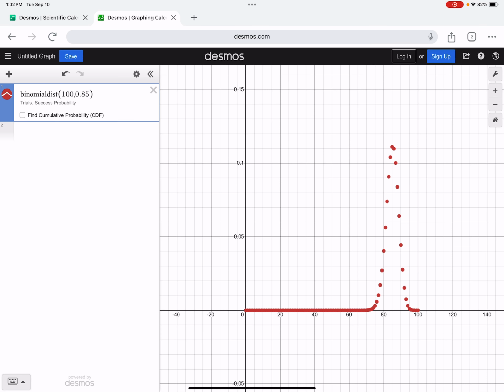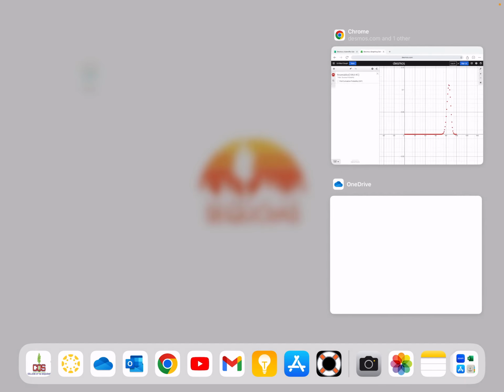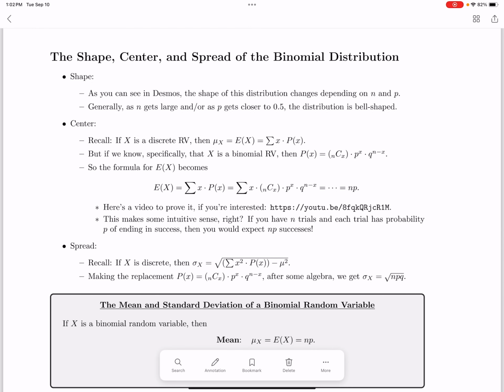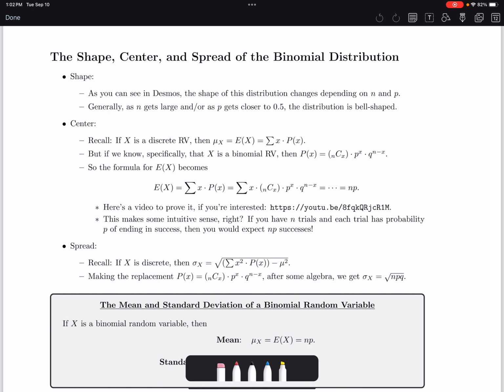So anyway, the idea is that the distribution of x, our binomial variable, is going to change depending on n and p. But generally, as n gets large and or as p gets closer to 0.5, the distribution becomes bell-shaped. And for that reason, we'll use the mean and the standard deviation to describe the center and spread.